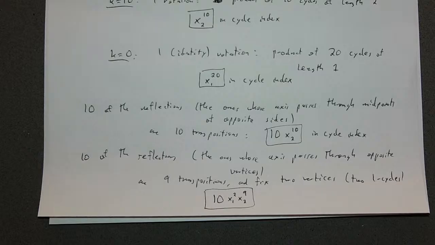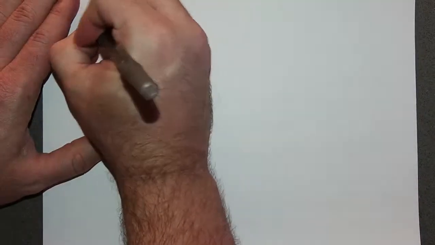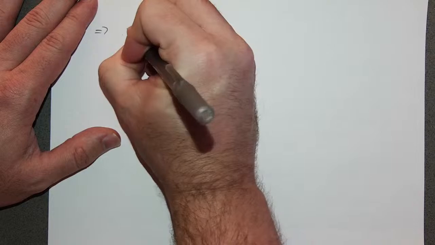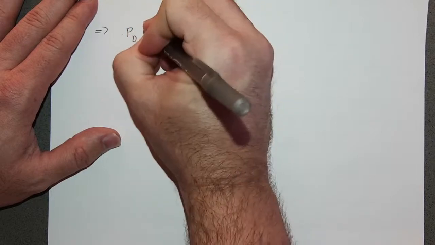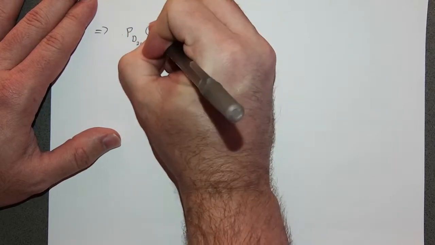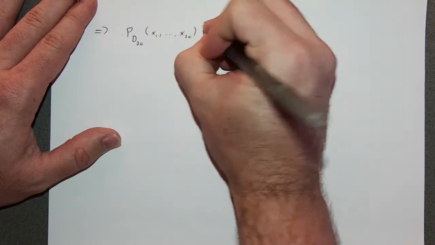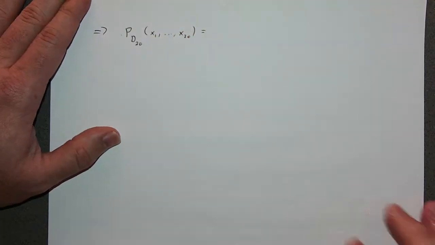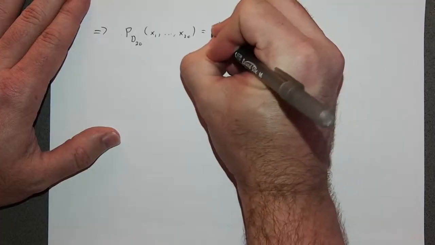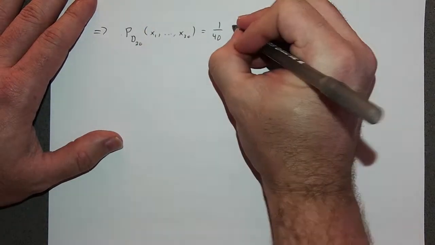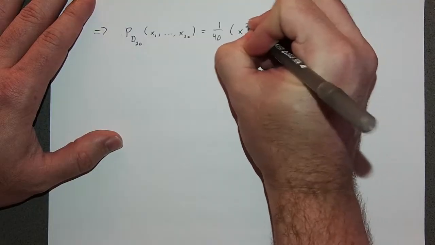So then, writing this out, what we have done here very painstakingly is compute the cycle index of the dihedral group on 20 vertices. And this depends on 20 variables in this way. What is this? This is 1 over the size of the group. Size of the dihedral group on 20 vertices is 40, so this is 1 over 40 times x sub 1 to the 20.